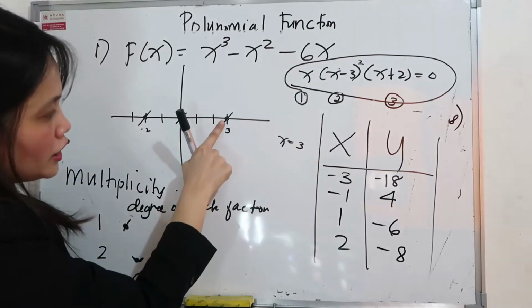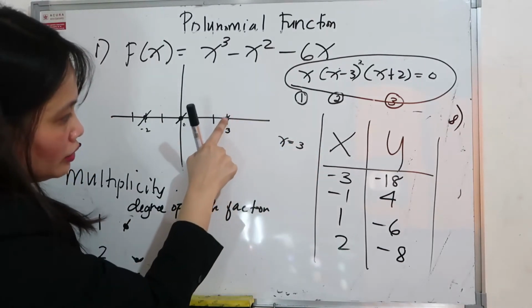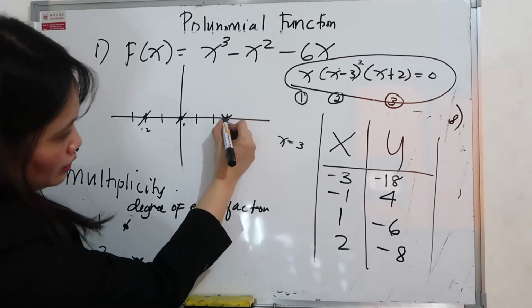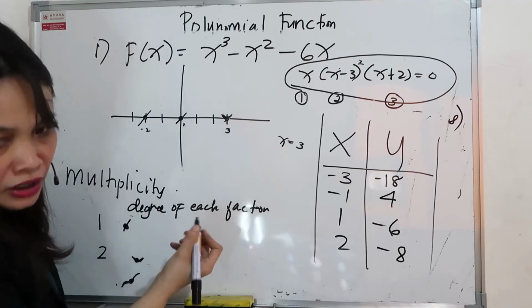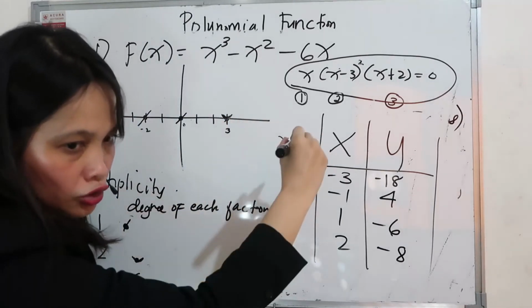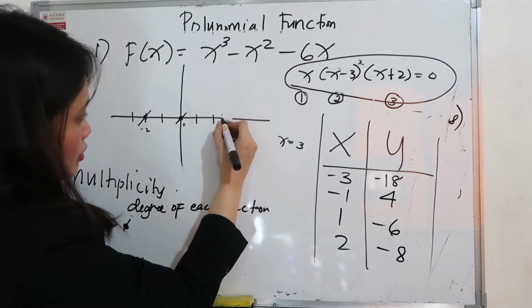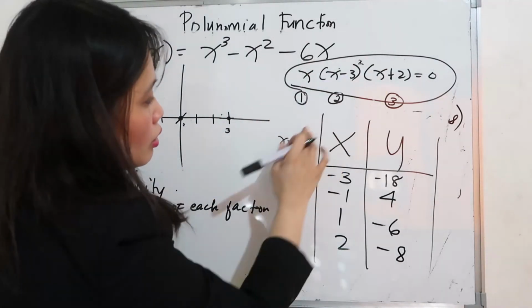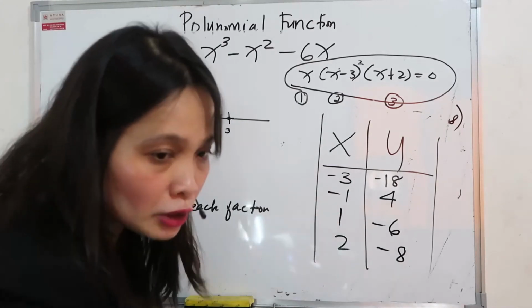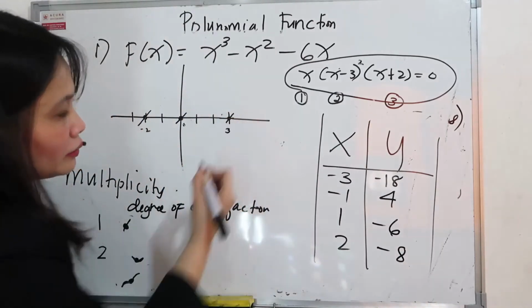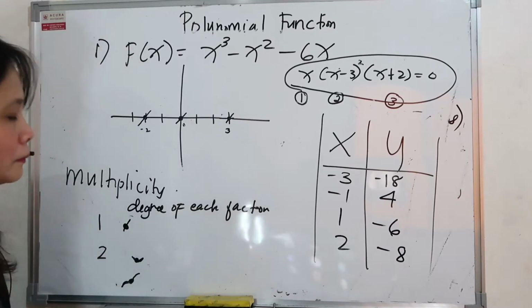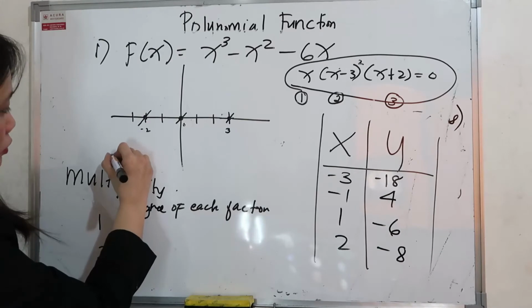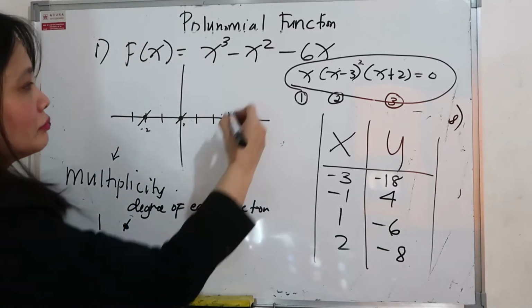Therefore, it's not crossing. At the point 3, it should curve, bounce, not straight. But since the degree is odd, particularly 1, it just crosses the point.